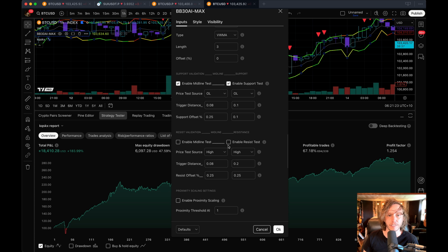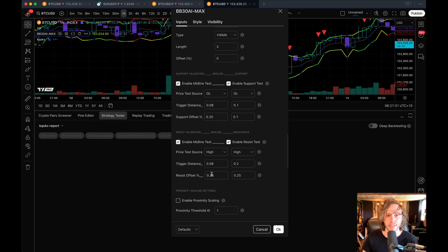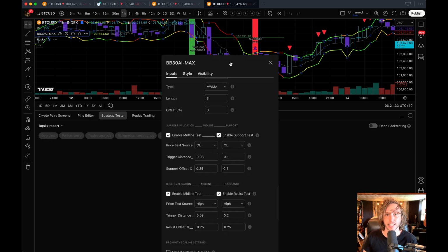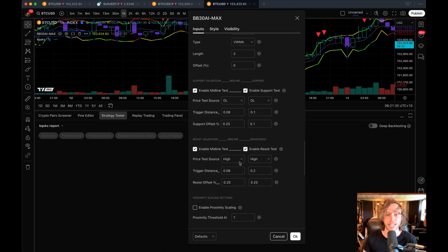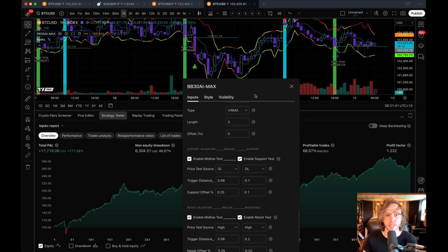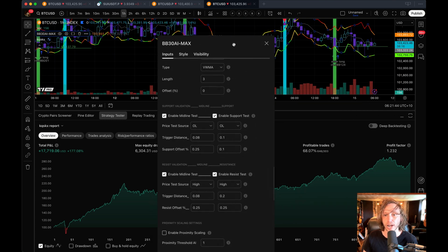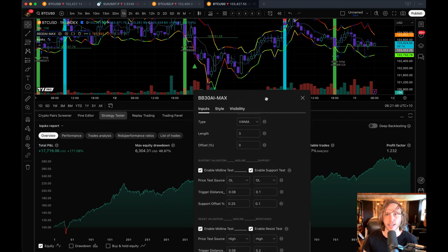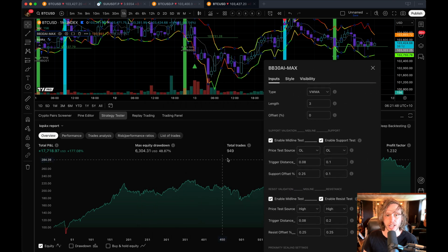Resistance validation: if you want to exit less, maybe you want to do less of a scalp trade and more of a trending kind of trade, you can choose to offset the resistance band. It will rarely exit, so you'll get a lot fewer trades.